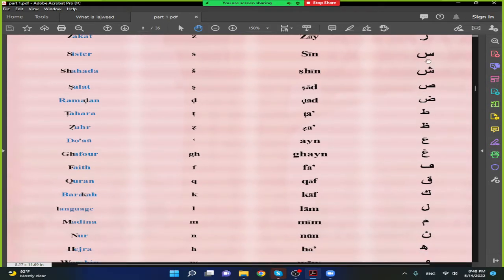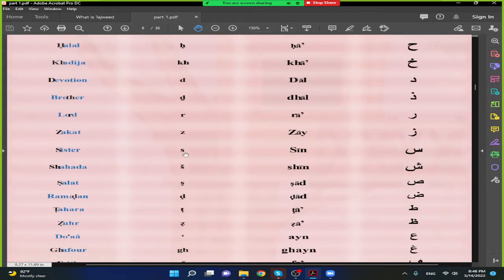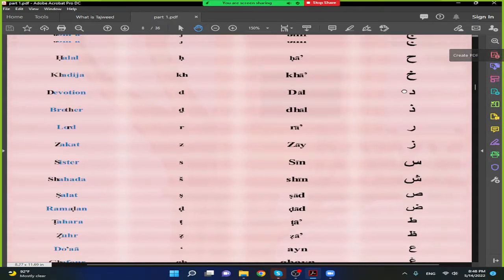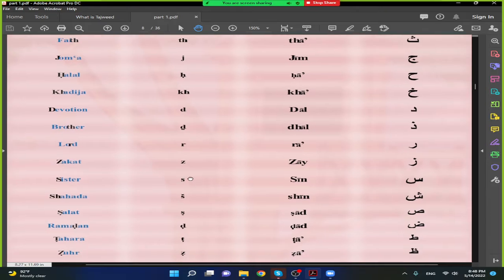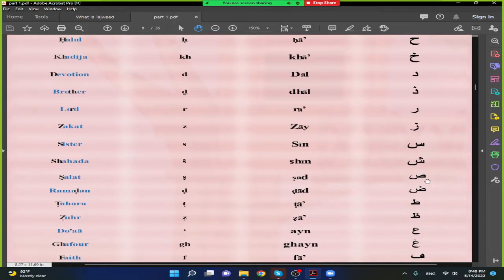Okay. Now the next letter is Seen. Seen has the S sound, like in the word sister, but I said S for the Sa as well. Before, Sa started with the S sound and Seen starts with the S sound also, and one more letter starts with S, which is Sod. Sod starts with S also. So there are three letters that start with S: Sa, Seen, and Sod.